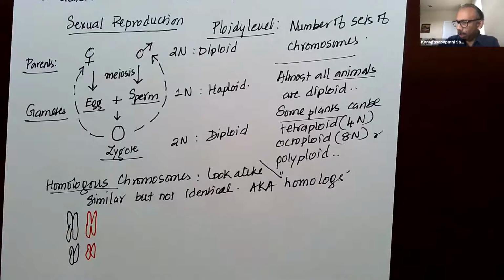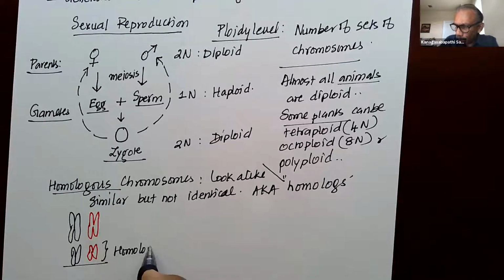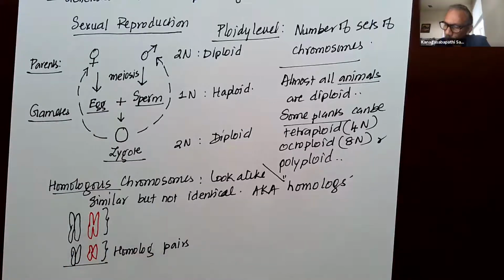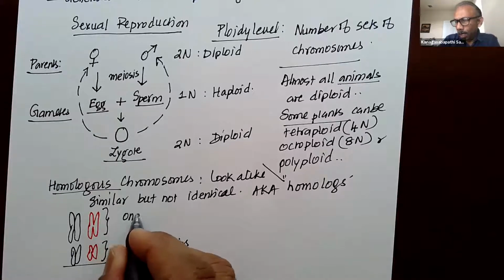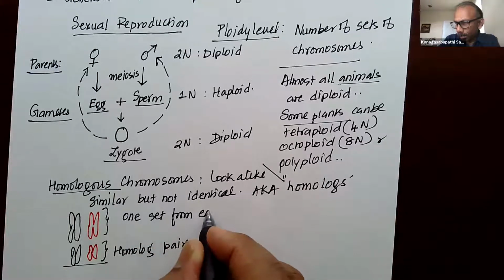These two you can call homologs, and you call them pairs. Both are homologous chromosome homolog pairs, one set from each parent.